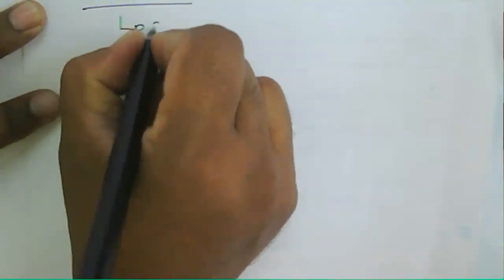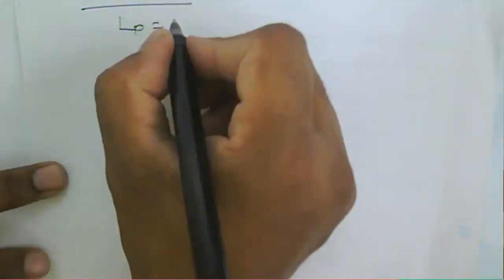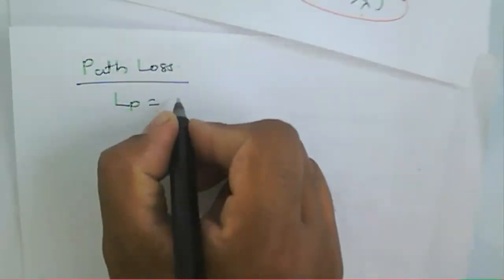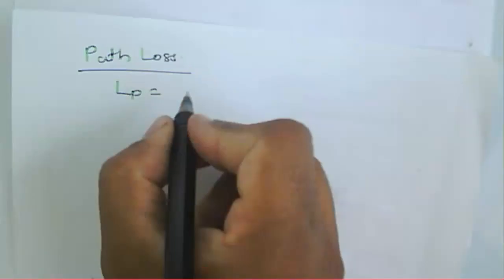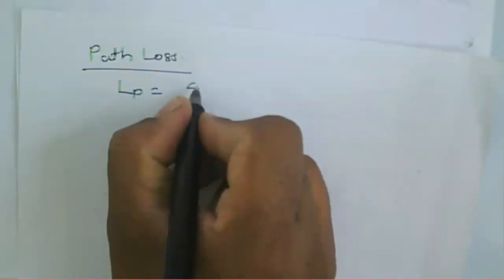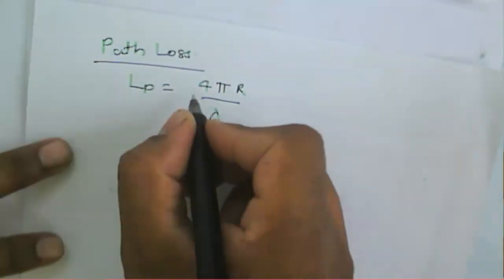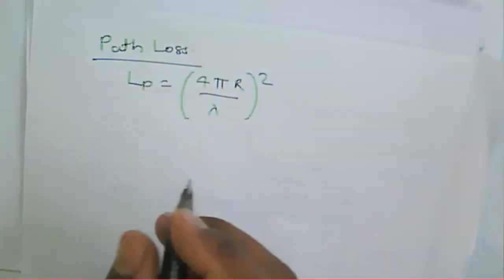So that path loss factor, we say it is about LP, or free space path loss LP, is equal to the 4 pi r by lambda square bracket.